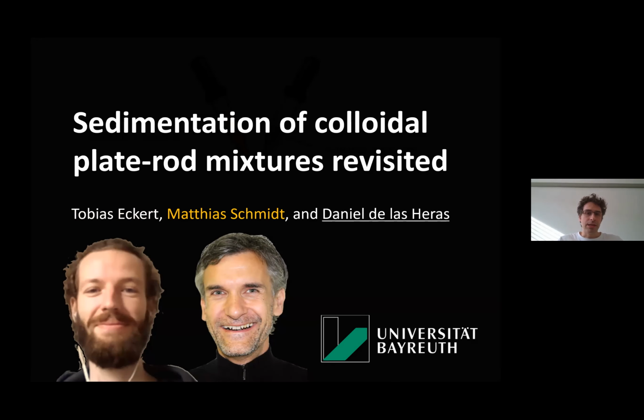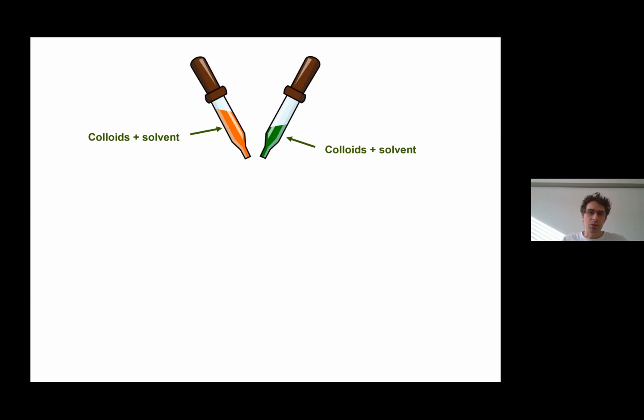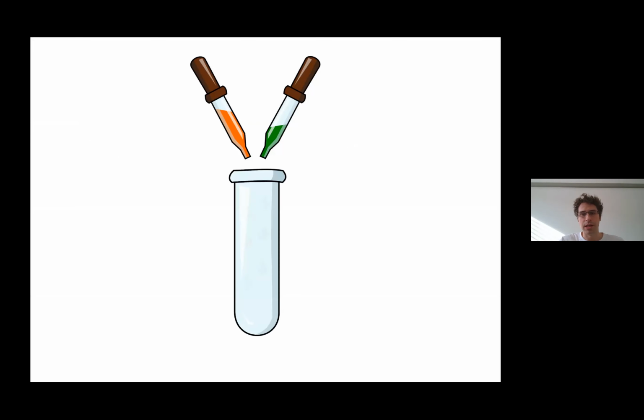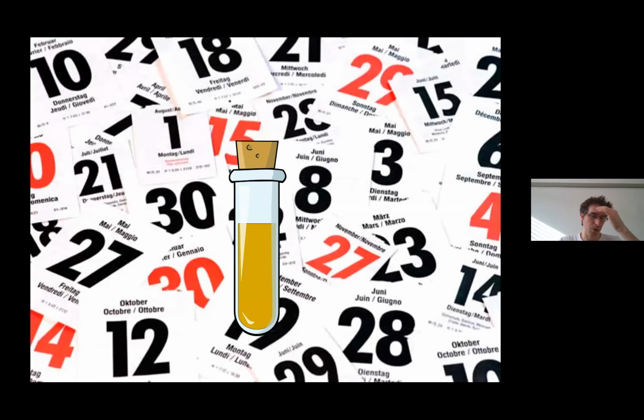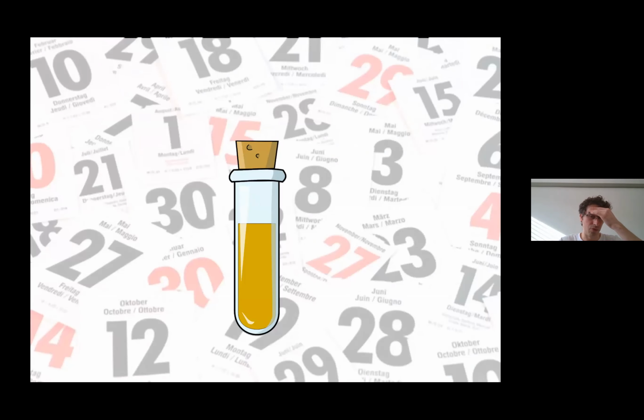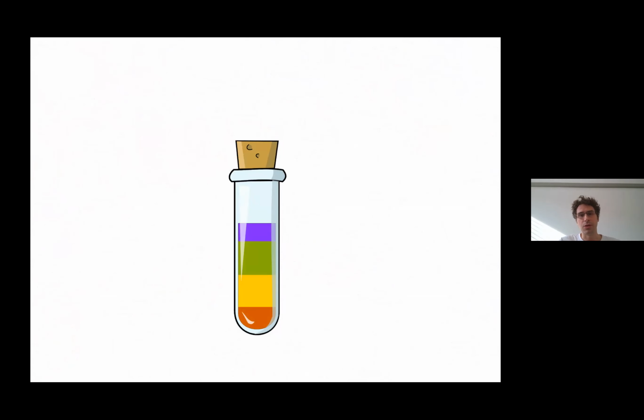So what is the general system is we have two different types of colloidal particles in a given solvent, and then we mix them. So we create a homogeneous mixture. We put this in a test tube, and then we wait. And we wait, typically we have to wait a lot, but at some point, if we are lucky, then the system will reach the sedimentation diffusion equilibrium, and then we will see something like this.